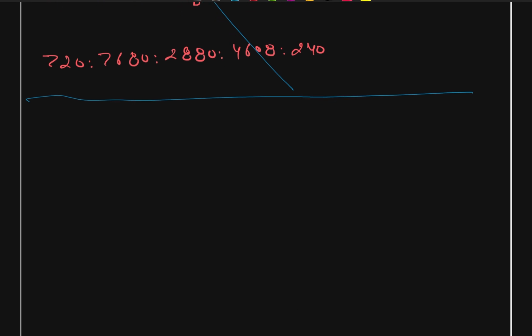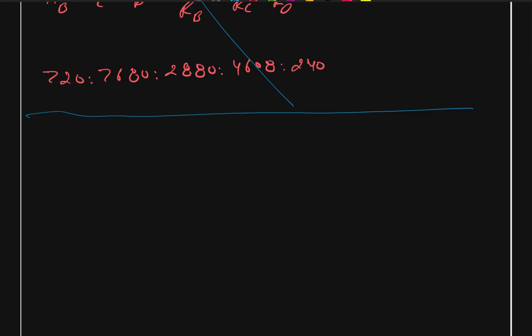So we can say that our rate of heat flow is our dQ by dt.